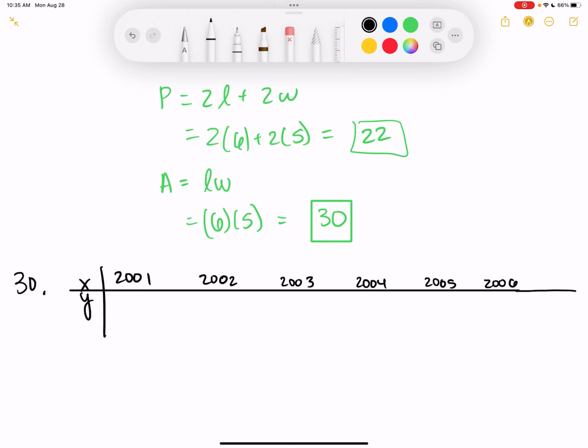As the numbers get bigger, it's fine. And then I'm going to write down the amount for each year. Again, this is all given to us.